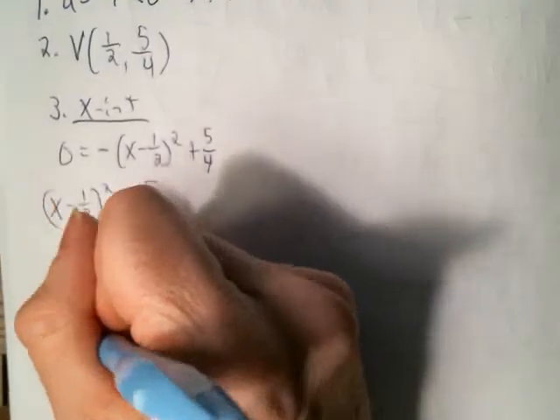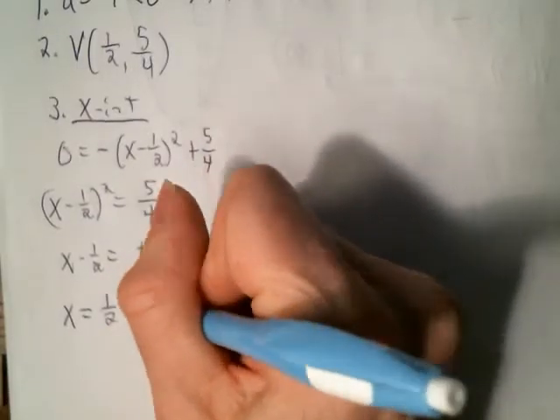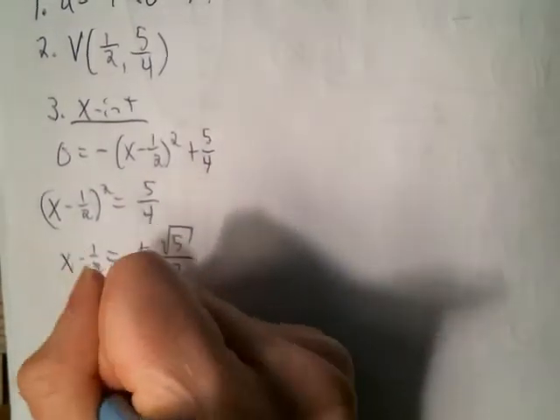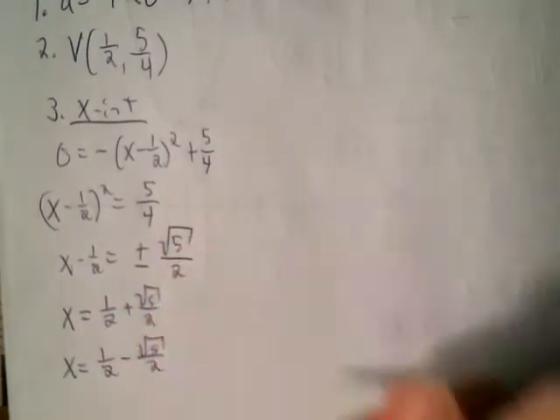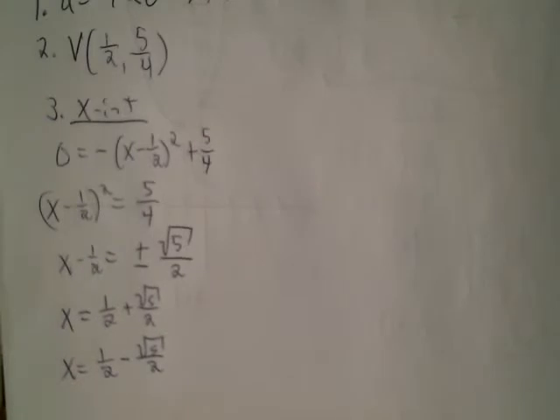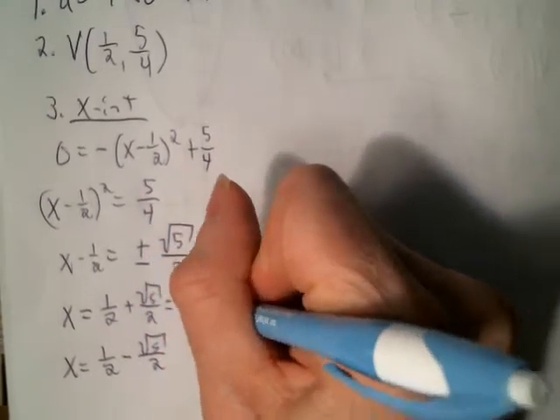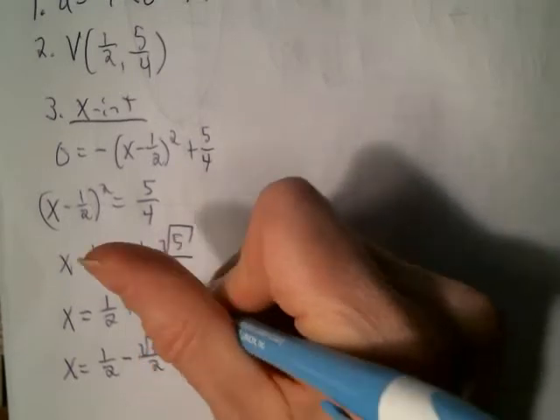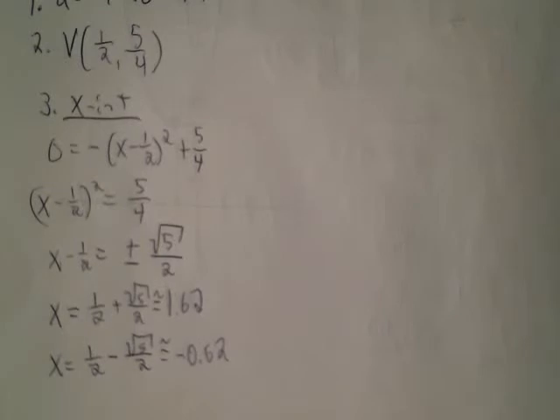Then I'll add 1/2 to both sides, so x equals 1/2 plus radical 5 over 2, or x equals 1/2 minus radical 5 over 2. I'm splitting them up because I'm going to go to my calculator now and get some approximations. I found the first one was about 1.62, and the second one was negative 0.62. So that'll help me graph it if I get some approximations.